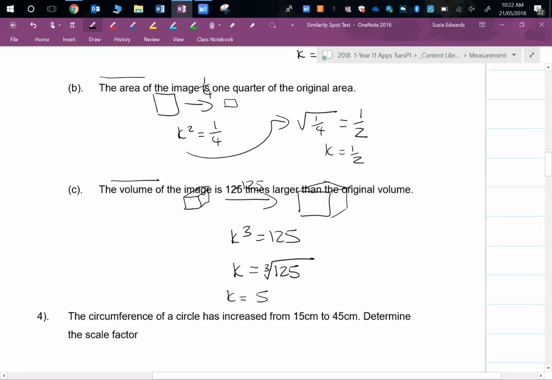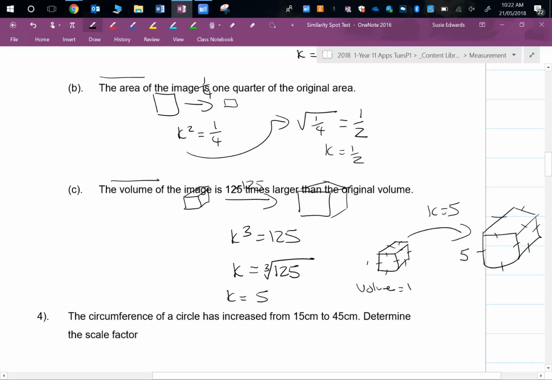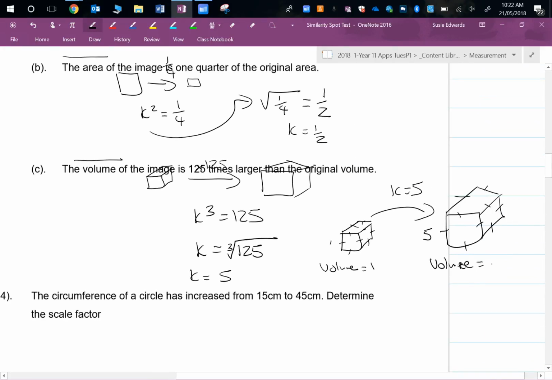What that means is if you had a cube which was 1 by 1 by 1, let's try this out to show you that it works. The volume would equal 1. If I times this all by k equals 5, if I make it a cube which is 5 by 5 by 5, so I've made all the lengths 5 instead of 1, what does the volume become? 5 times 5 times 5, which is 125.